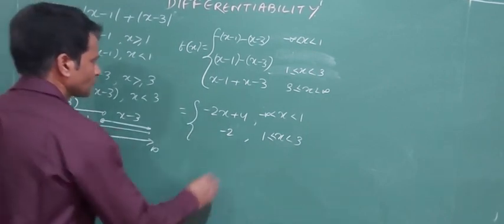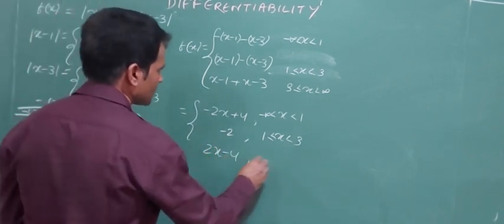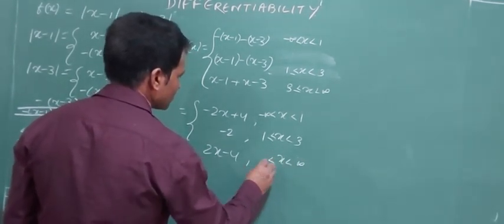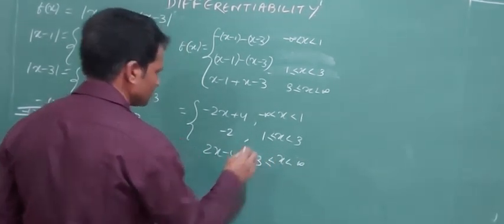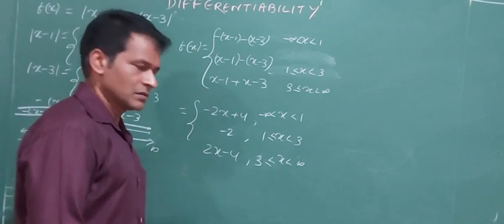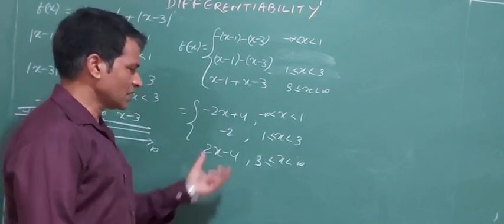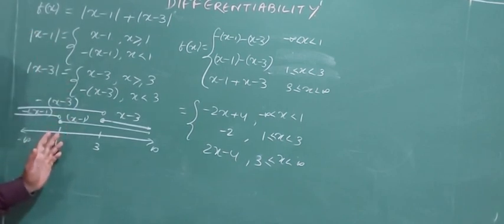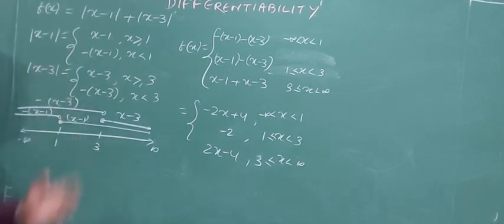And third one, 2x minus 4, x is less than infinity, greater than or equal to 3. Now from here I will start continuity. This is a question on an interval. You have to check the continuity at the interval points. I hope you can write it down by pausing the video. So I am deleting it.